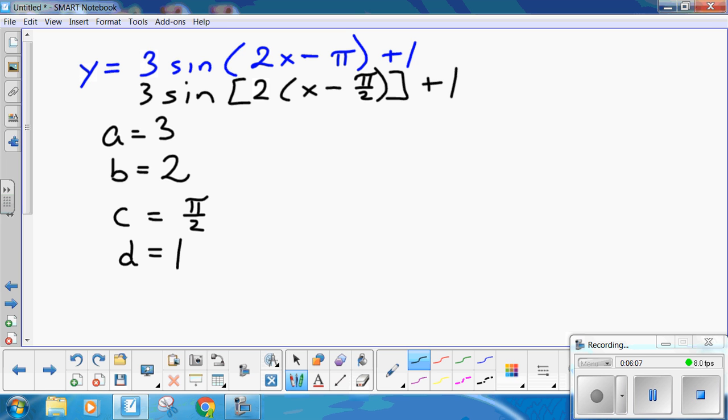Going to the right, and D is 1. You're going up. Now, I can ask all sorts of questions on this. What's the domain? What's the range? List the transformations, yada, yada, yada. There's a whole bunch on this.